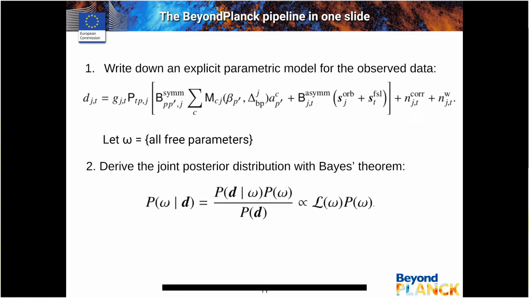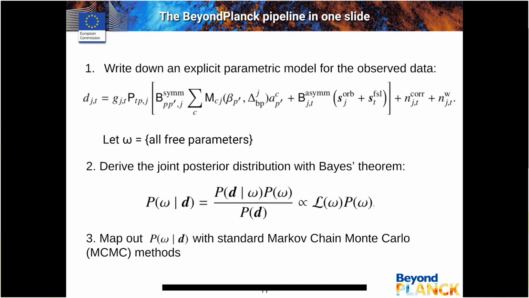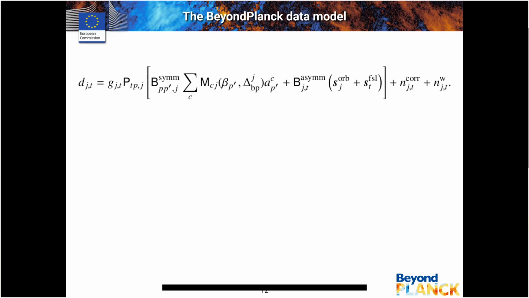You derive the joint posterior distribution using Bayes' theorem. And then you just map this joint posterior distribution out with standard MCMC methodology. So in general, this sounds very simple. The difficulty is, of course, that the size of this posterior distribution is massive, and that makes it very difficult to get out. And so we'll discuss in a minute why or how we managed to do that.